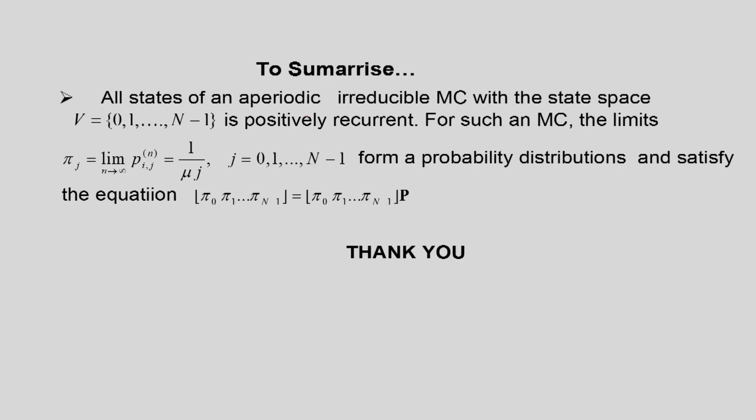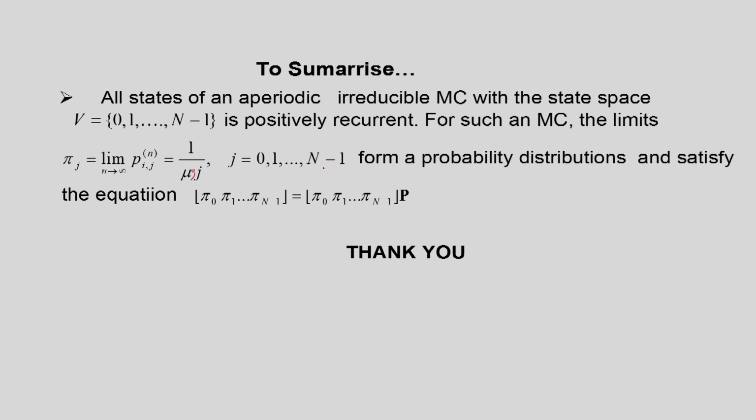Finally, all states of an aperiodic irreducible Markov chain with a finite state space are positively recurrent. So, there is a finite steady state probability. For such an MC, the limit pi_j is given by 1 by mu_jj.